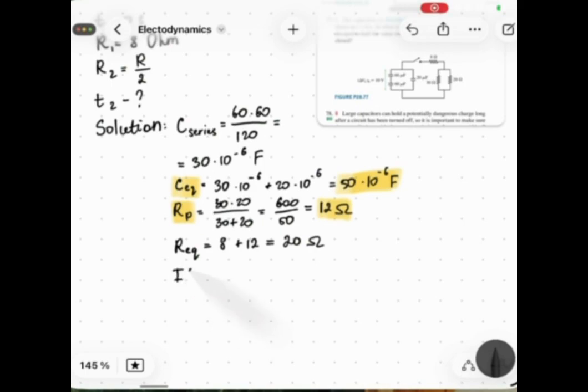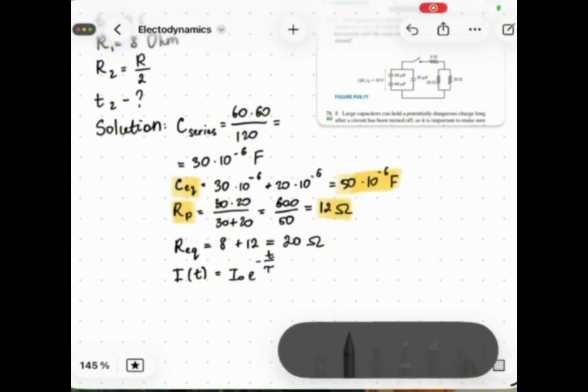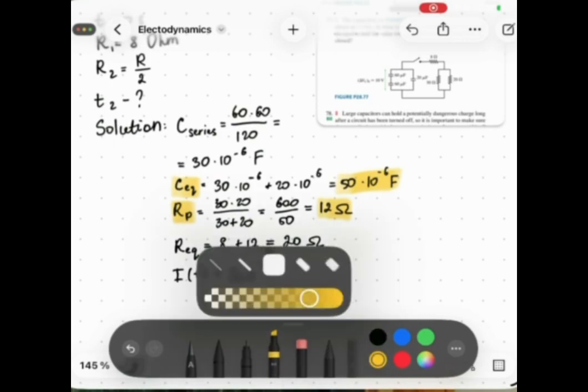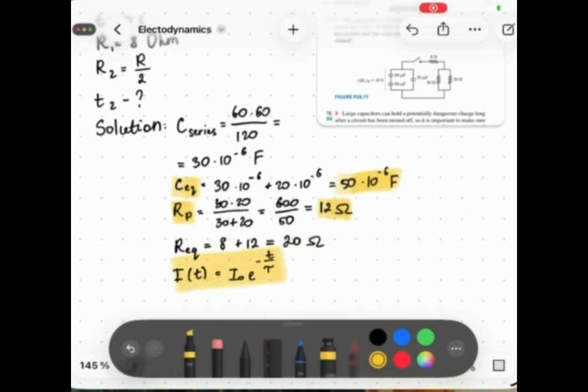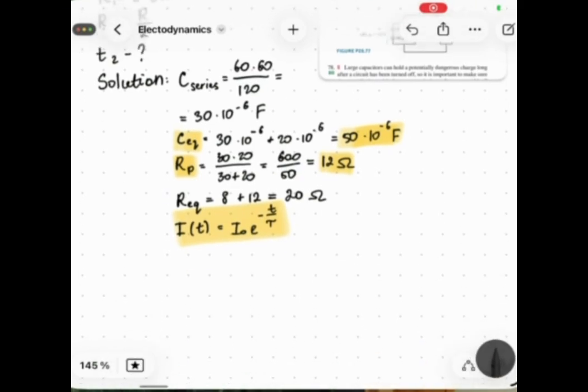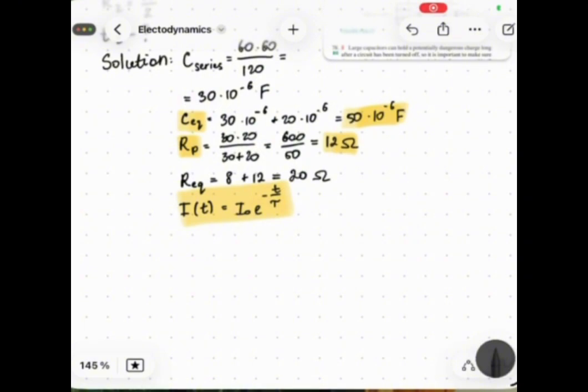The discharge current follows the equation, as I said before: I equals I0 multiplied by e to the power of negative t divided by tau. Here we can find tau, which is R, the resistance, multiplied by C, the capacitance.